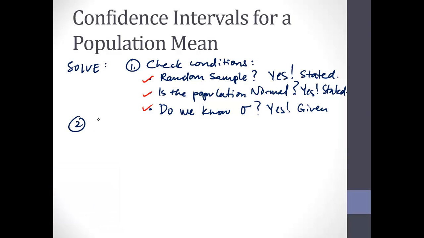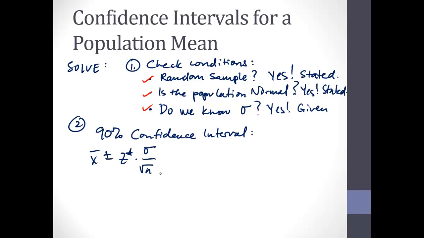So now we can actually write down what this is. Our 90% confidence interval we want to find is x bar plus or minus z star times sigma over the square root of n. And for me, it helps to make a list of what information I have and what I need to find out, and then I can plug all these things in here. So I need to know what x bar is, what z star is, what sigma is, and what n is.